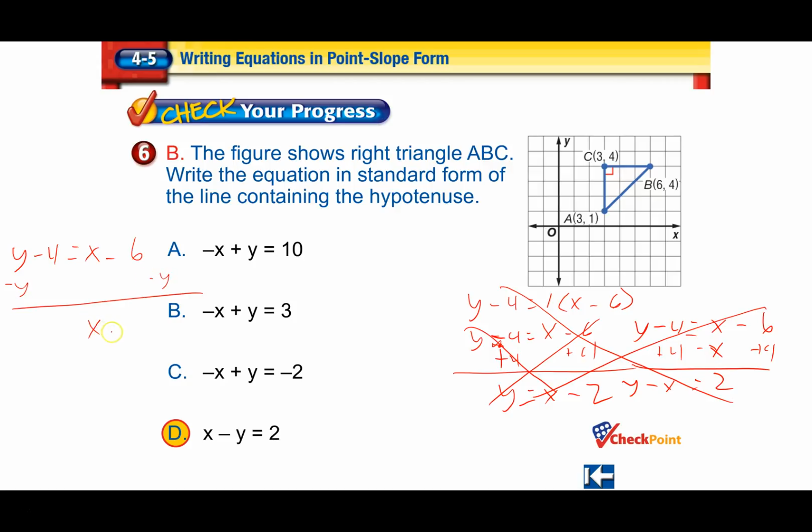So I had x minus y minus 6, and then we plus 6. Plus 6 gives us 2 equals x minus y, and then the symmetric property to get it to that position, x minus y equals 2. There's how they got it. Moving on, have a good day.